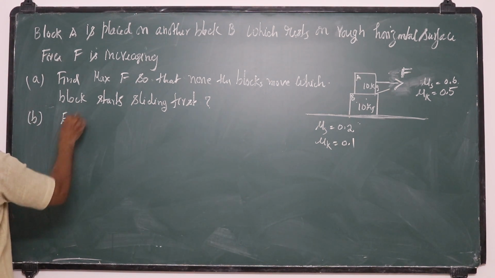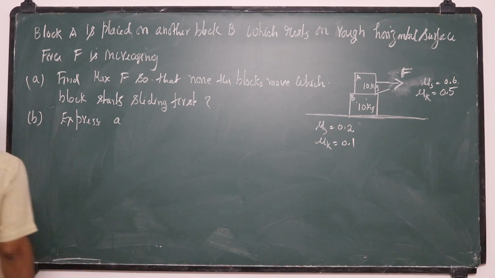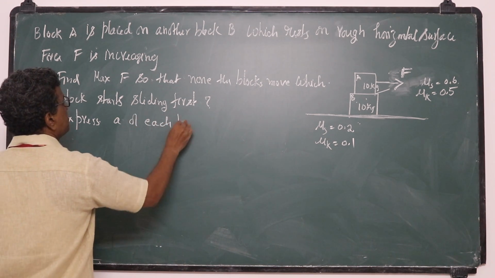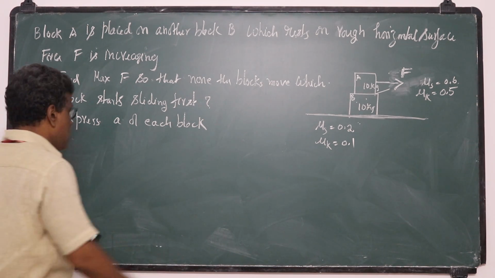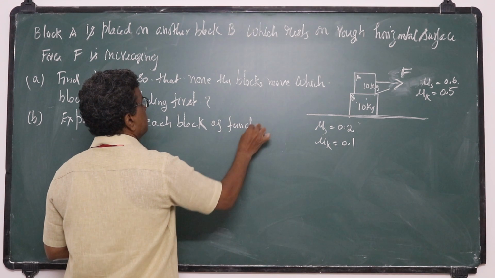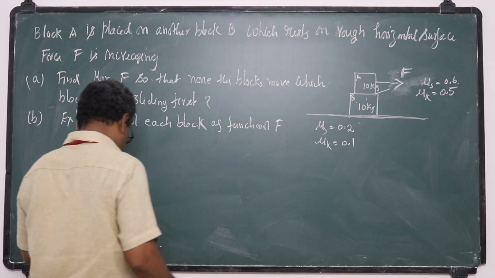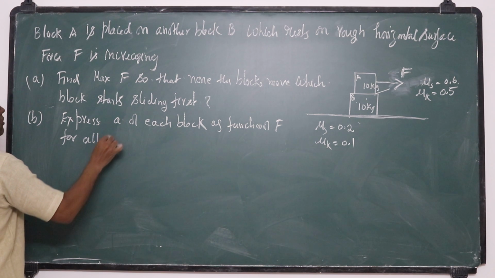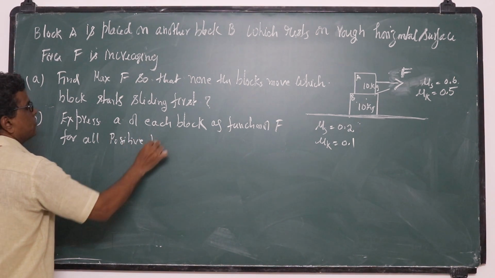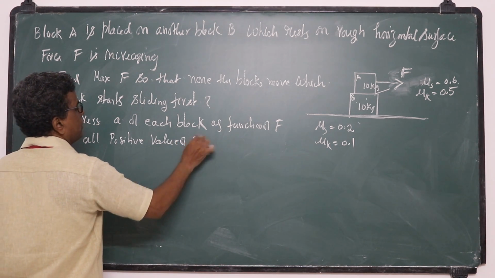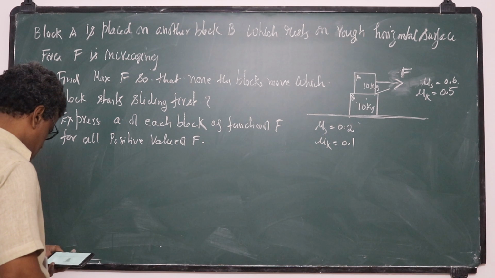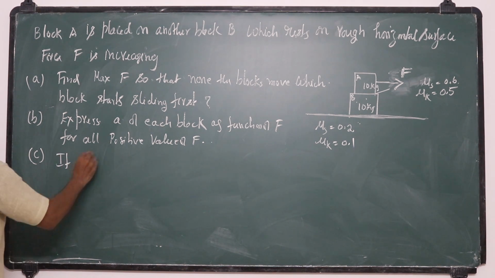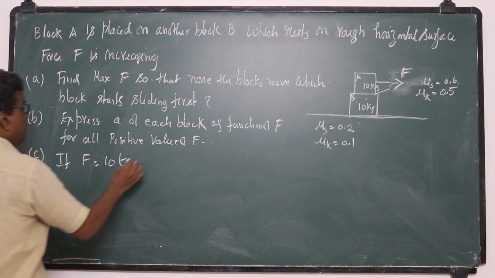Second one: express acceleration of each block as a function of F, for all positive values of F. Third: if F is equal to 10t, draw the a-t graph.